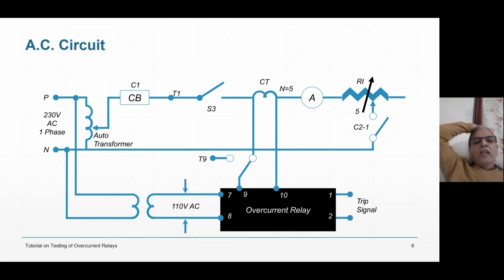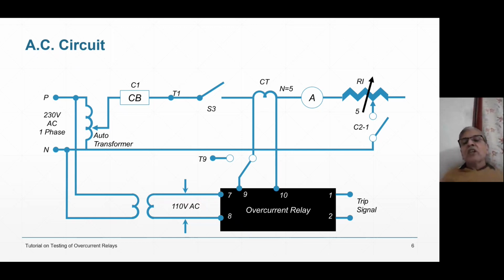If it is a normal non-directional relay, then there will not be any potential coil. But if there is a directional relay, then you will have to feed PT supply also. And if PT polarity is wrong, then the relay will not operate at all, even if the plug setting is crossed. Then you will have to reverse the polarity, right? So many possibilities are given.